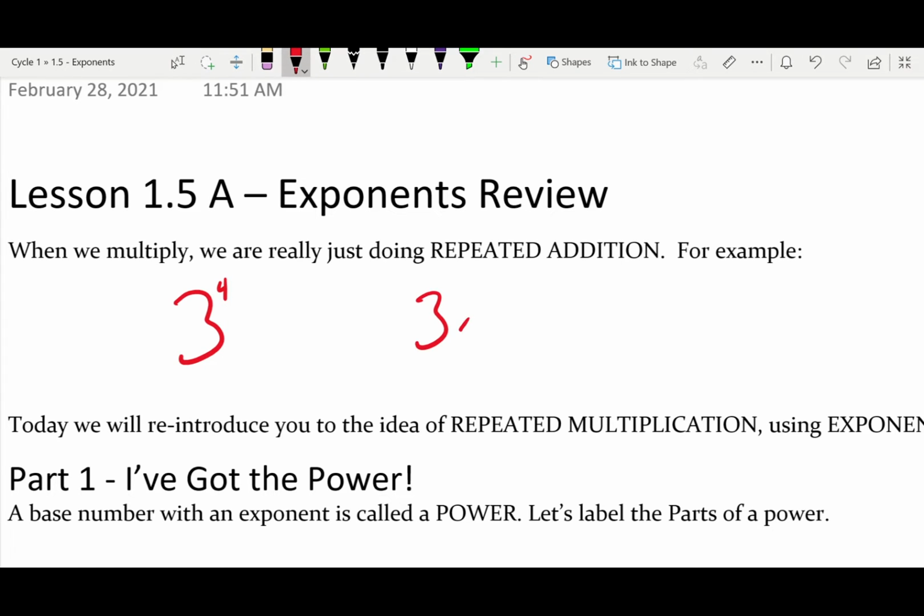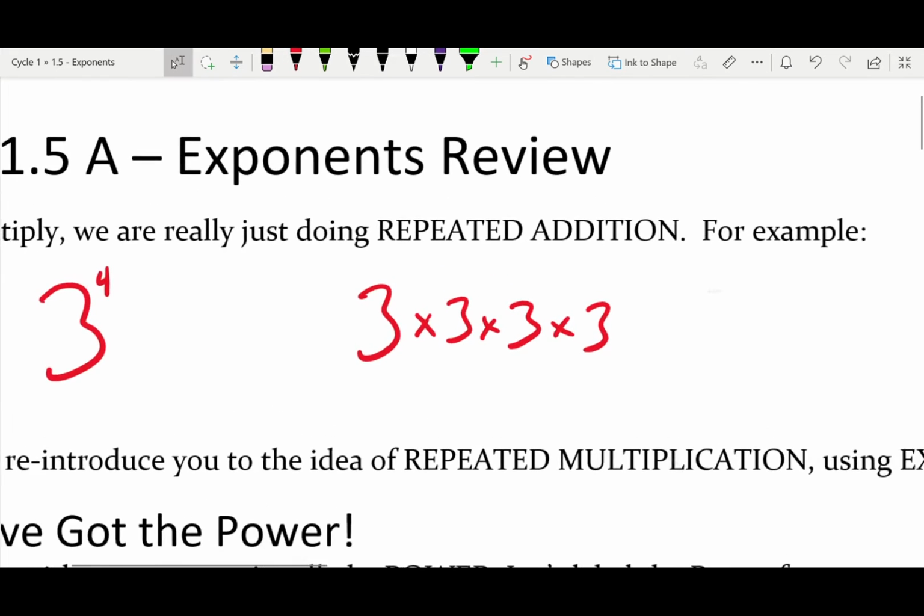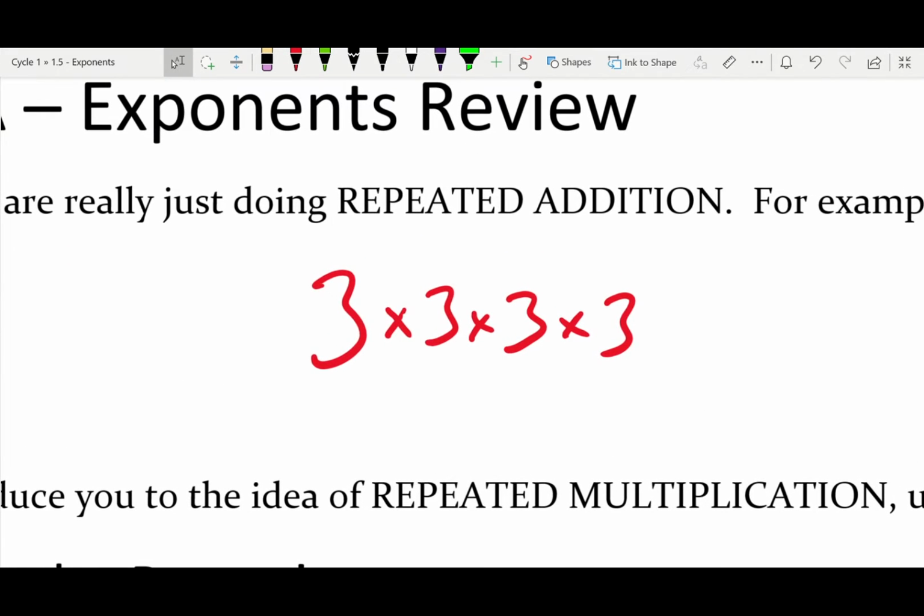So it's kind of like 3 times 3 times 3 times 3.